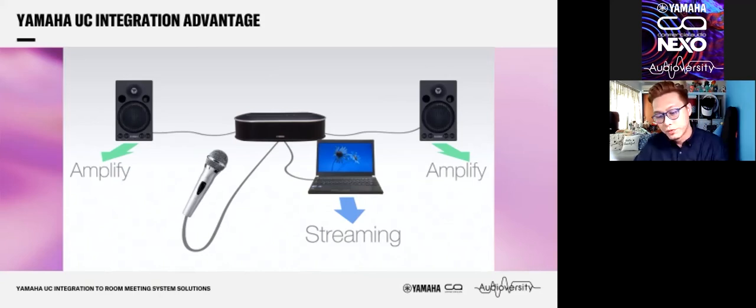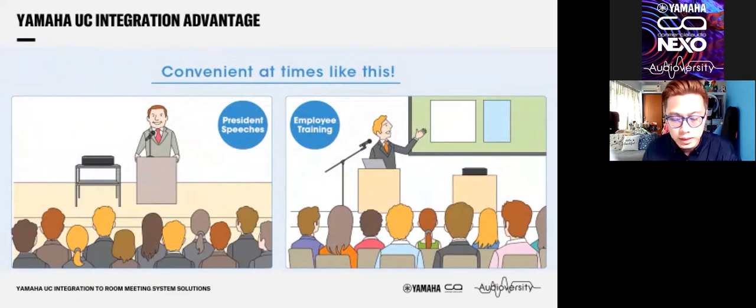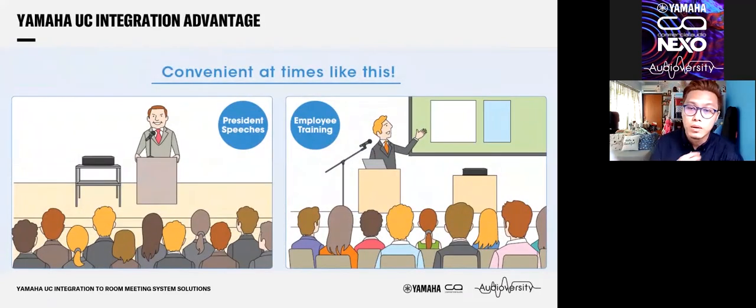It's especially useful when you do streaming, and convenient when delivering presidential speeches to share the vision and goals of the company from time to time remotely. At large organizations like Yamaha, the president can share the message throughout the world in different offices, and also go live with employee training to multiple locations simultaneously.